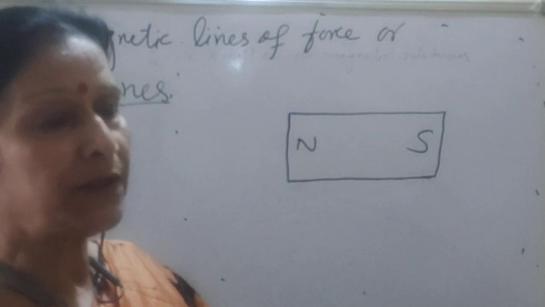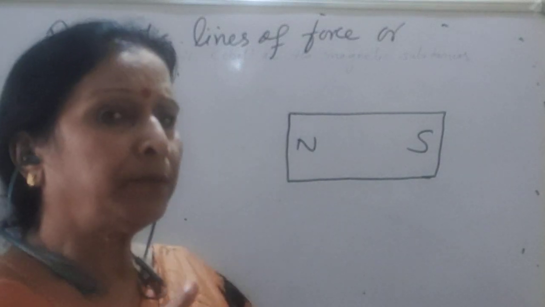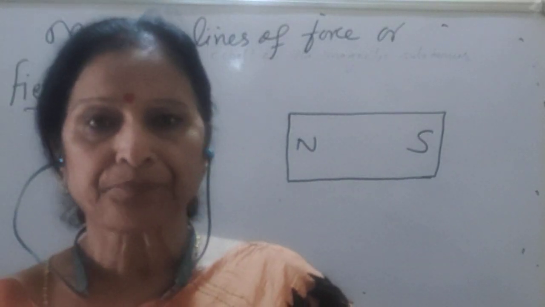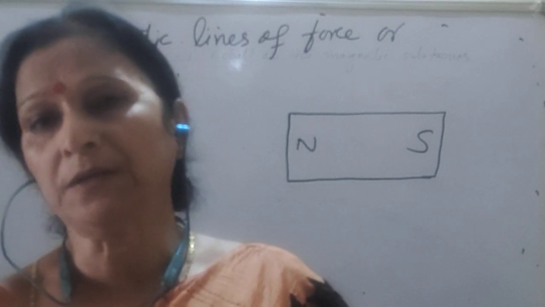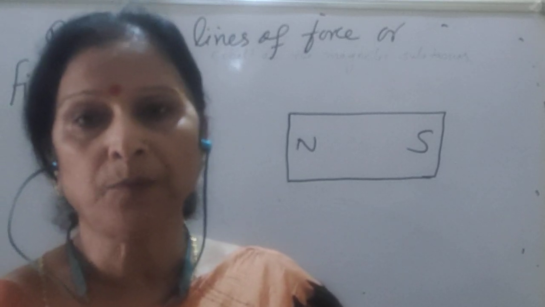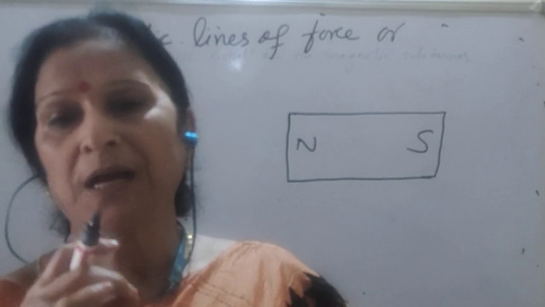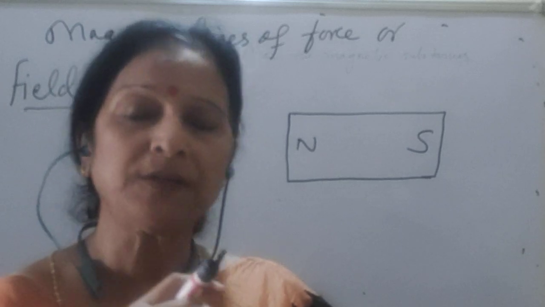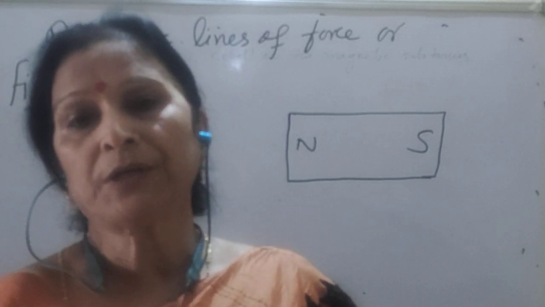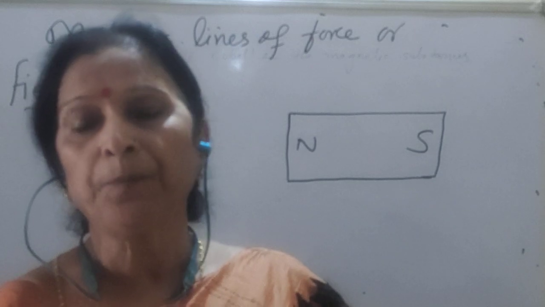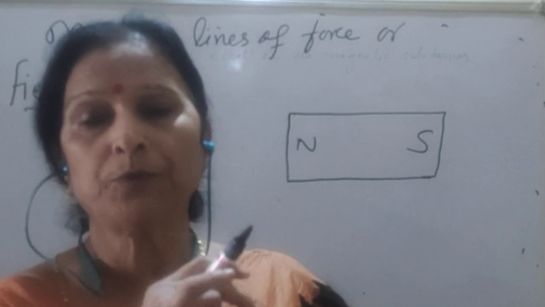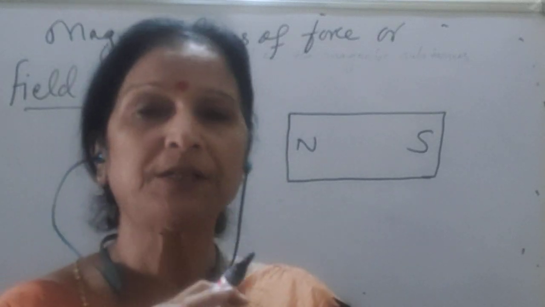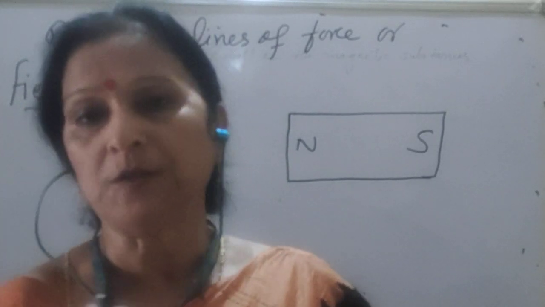So first of all, let us see here. You would be knowing that conventionally the positively charged object is said to be at higher potential, and the direction of current conventionally is from positive to negative terminal, from a positively charged point to a negatively charged point.